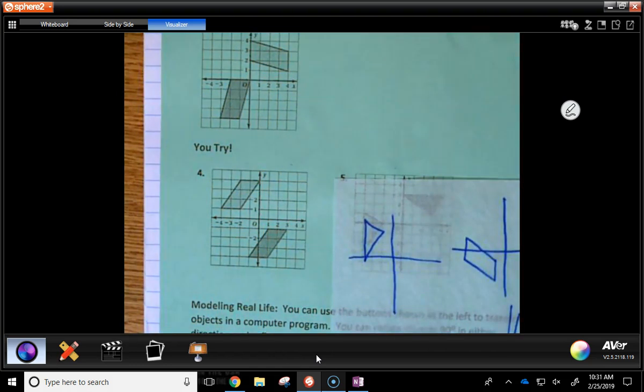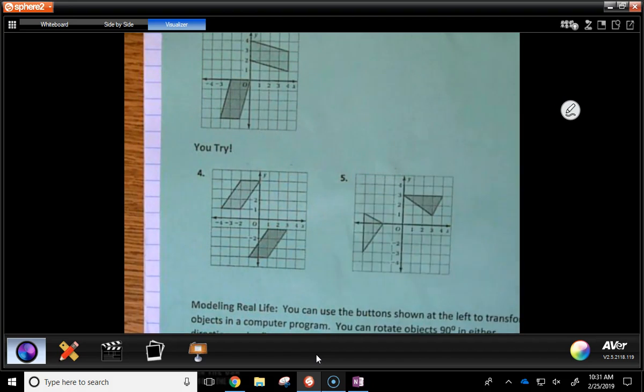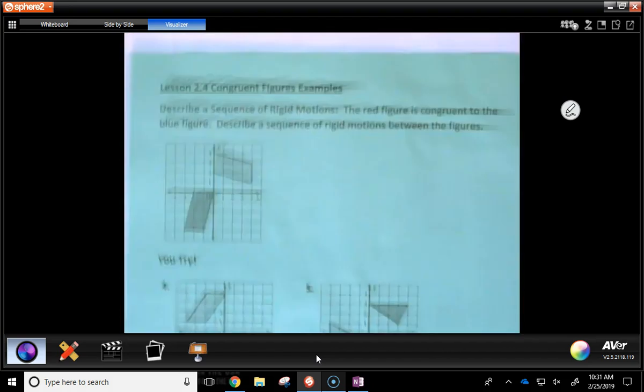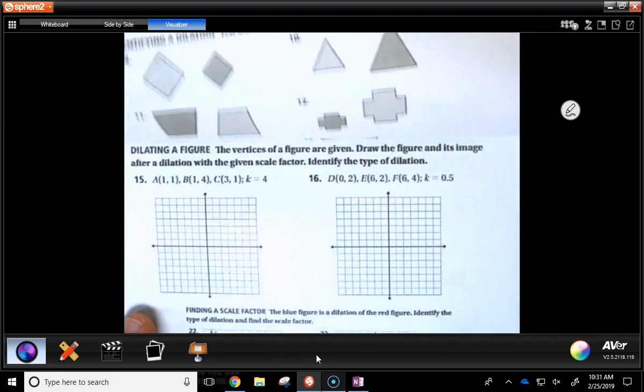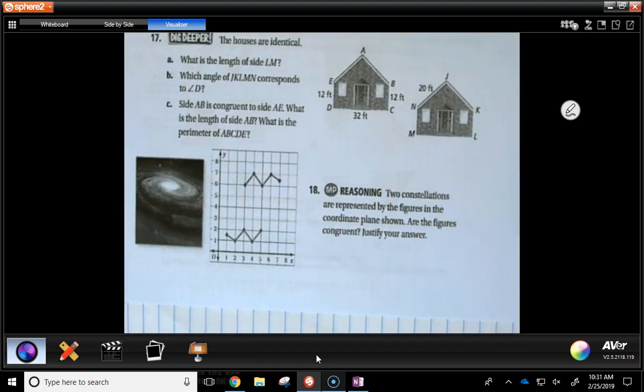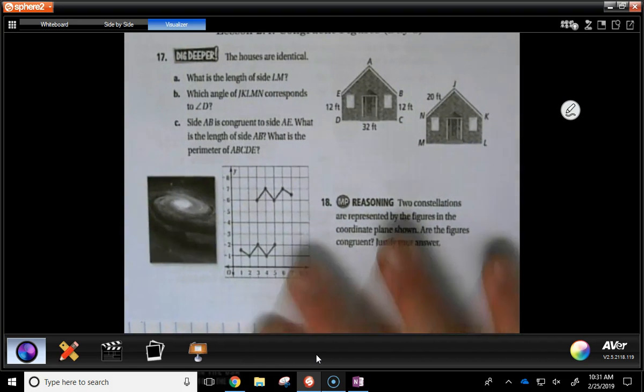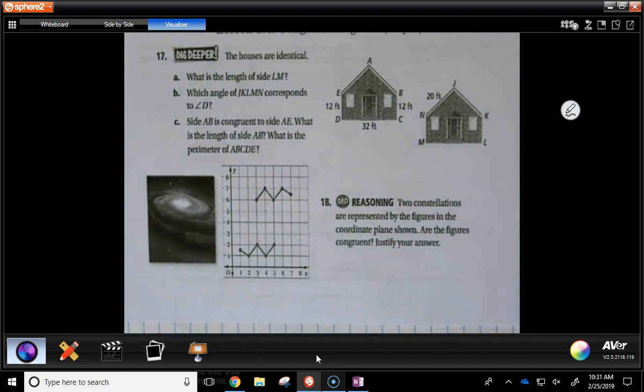Alright. Here's what I'm going to have you do for your homework. You are doing congruent figures, day 2. Remember, Dusty, because I know the two houses are identical, they're congruent, their side lengths and their angles are the exact same.